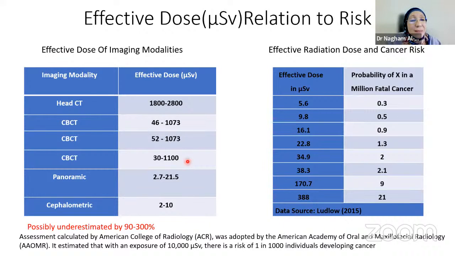And this is 3 times higher than the level of effective dose capable of producing 21 cancer cases per million of the population. So it shows a high risk and public health hazard.